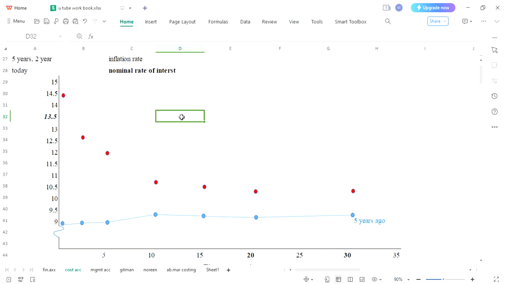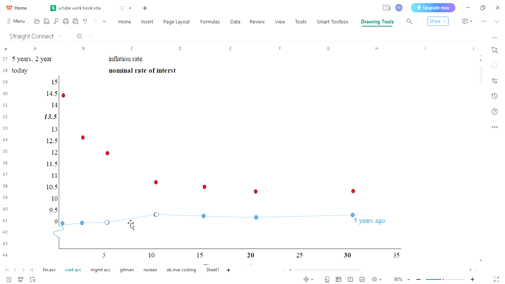So guys, we have completed the second part as well. Now it's time to join these points. Before that, we are changing the line color to red because we are now doing 2 years ago.